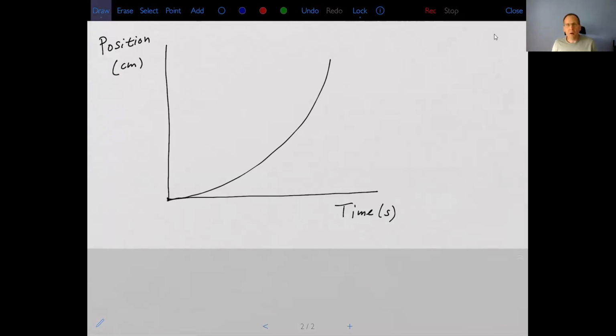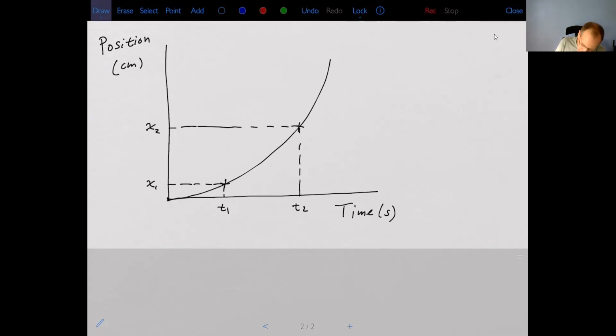Okay, so what I could do is I could again calculate an average velocity over some time interval. So in other words, if I pick, say, this point right here, which is, say, T1, and it corresponds to this position X1, and then let's say I pick a point right here. So this would be like T2, and this corresponds to X2. And I calculate the slope of the line that connects those two.